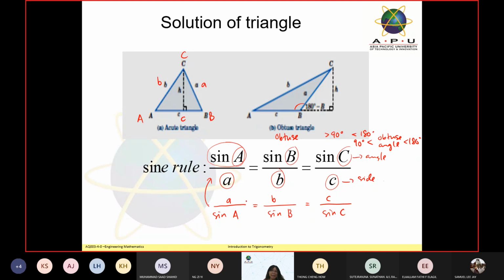If you want to find the length of the side, then it will be easier to solve if you put the side on the top. It's just for convenience. Even if you want to solve for the side, you can also use this formula. It doesn't matter which one you use, it's just for convenience only.